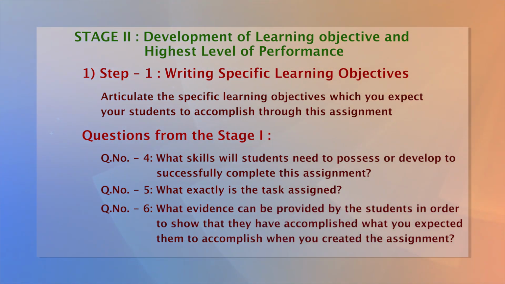And what evidence can be provided by the students in order to show that they have accomplished what you expected them to accomplish when you created this assignment? In this way, the initial list of specific learning objectives will be ready and then you should refine and reorganize the list after reviewing and discussing with your colleagues.